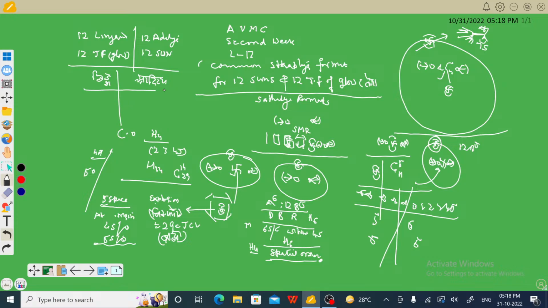There are Dwadas 12 Jyotirlingam, Dvadas Adityas, 12 suns and their transcendental glow folds 12.